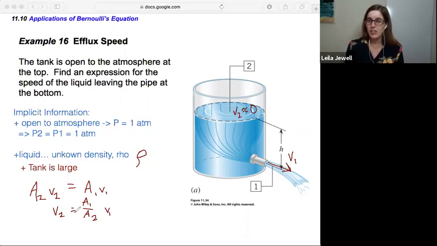If the tank is large, A2 is really big compared to A1. So this becomes a very small fraction, so that V2 does in fact come out to a tiny fraction of V1. So it is reasonable to say that it's approximately 0.